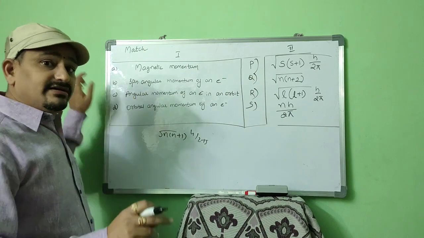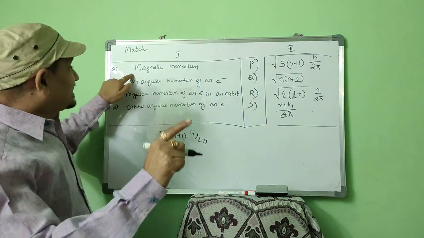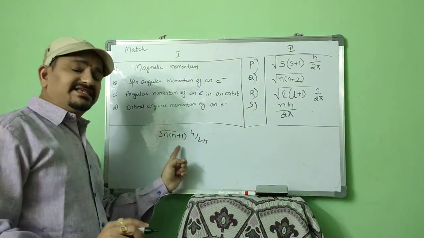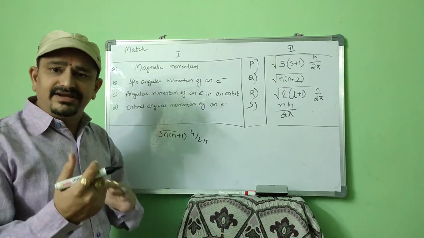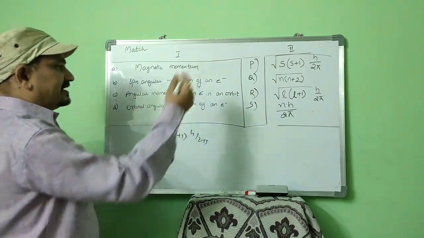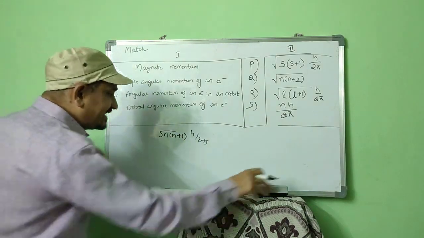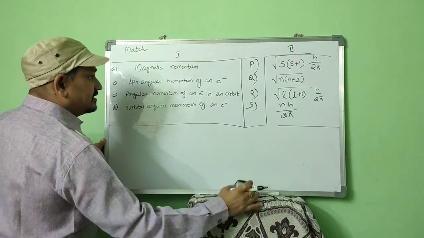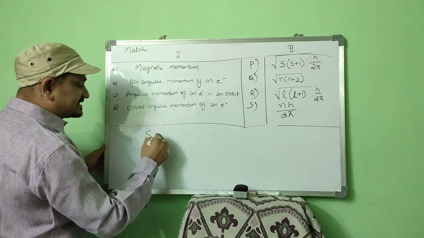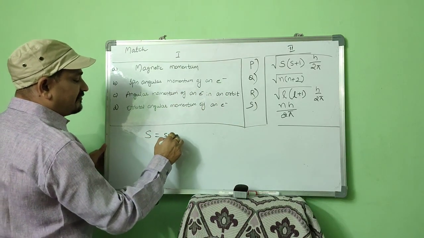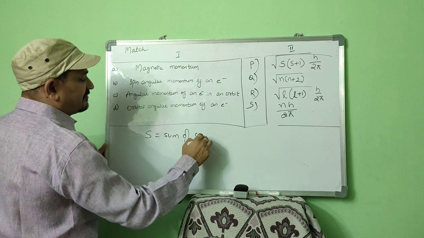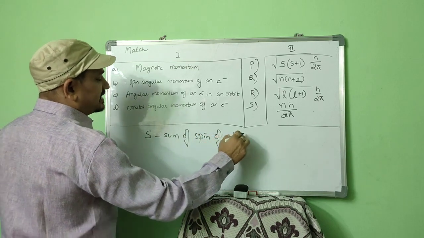When a magnetic moment question is given, this is the formula a student will get immediately. But as there is no such relation, we have to recap something. Here, just now we discussed that capital S corresponds to the sum of spin of all unpaired electrons.